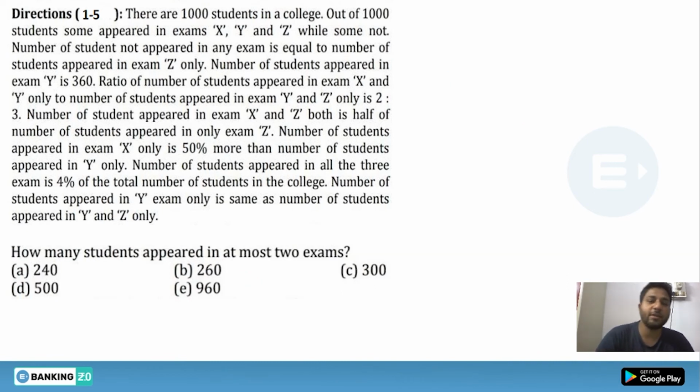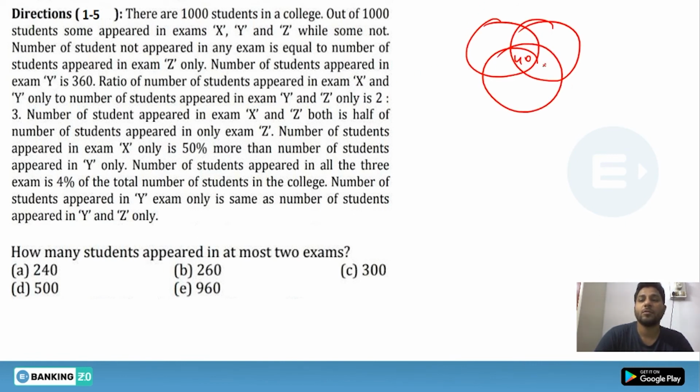Let's go ahead. How many students appeared in at most 2 exams? At most is the maximum limit. Look at this: 2, 1, 0 and 3. Why are we putting 0 here?